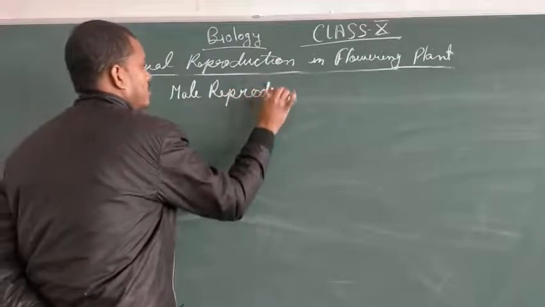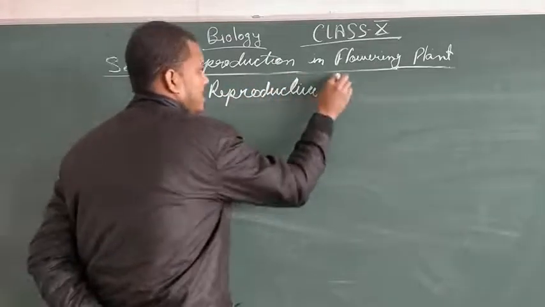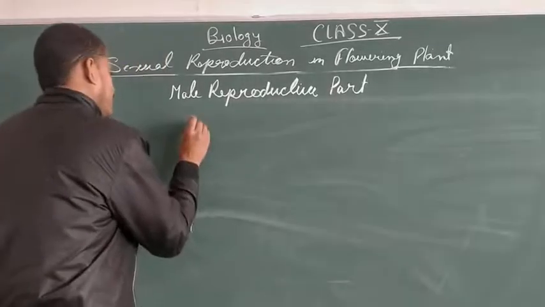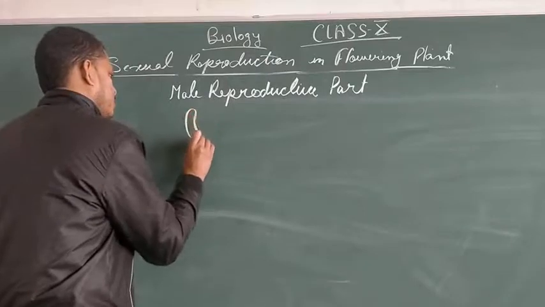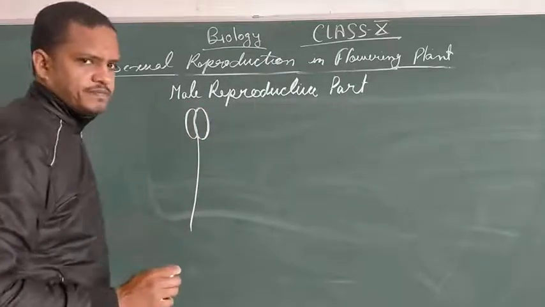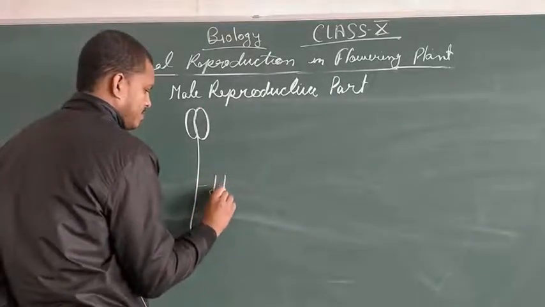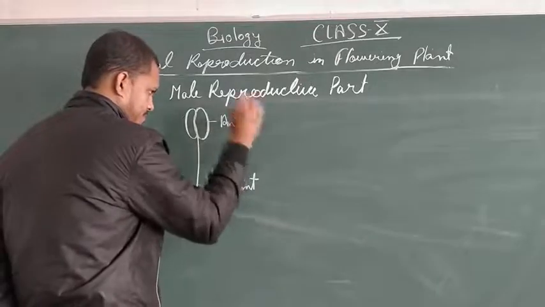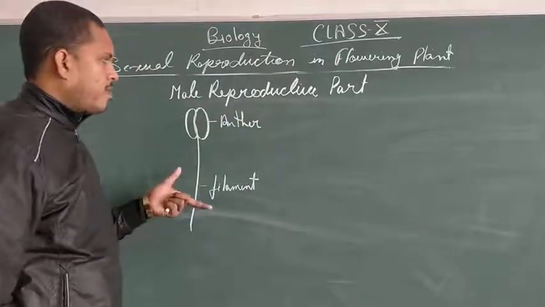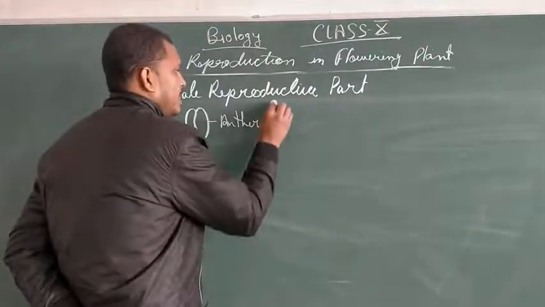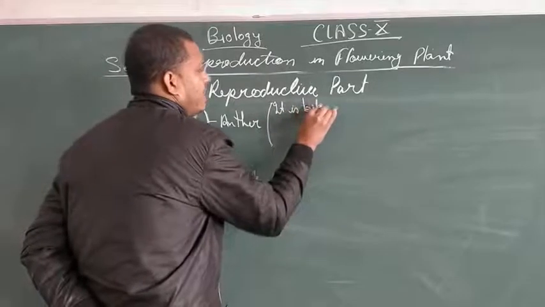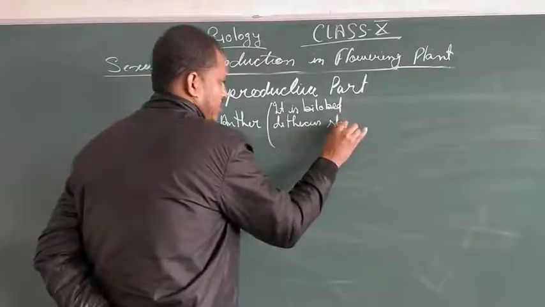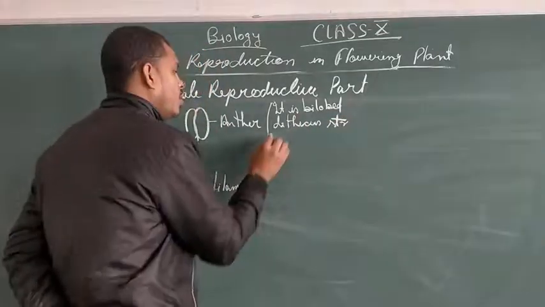When we draw the structure of the male reproductive part, this is the filament, this is the anther. Now, the anther is a bilobed, dithecous structure which contains pollen grains.